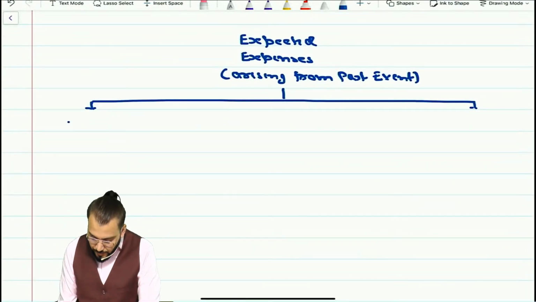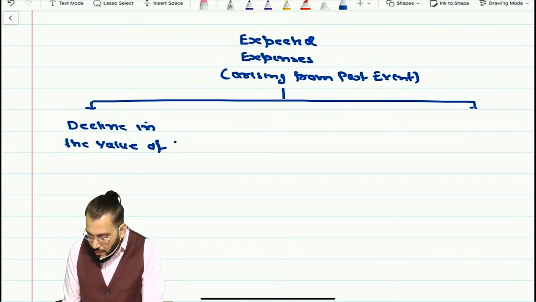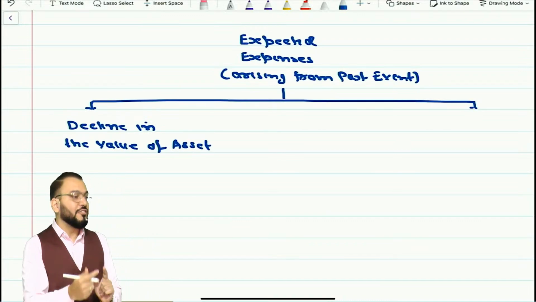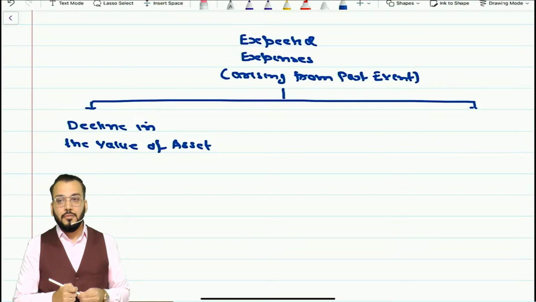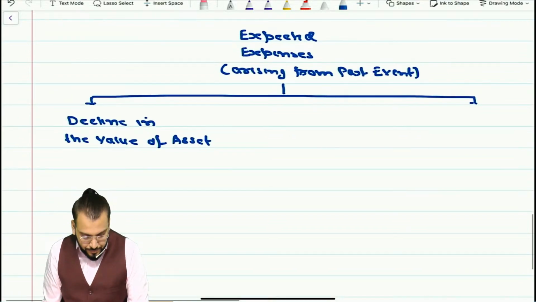Either due to decline in the value of what? Value of asset. Which asset? Recognized asset, which is already in your balance sheet. Decline in the value of asset. Or due to what?